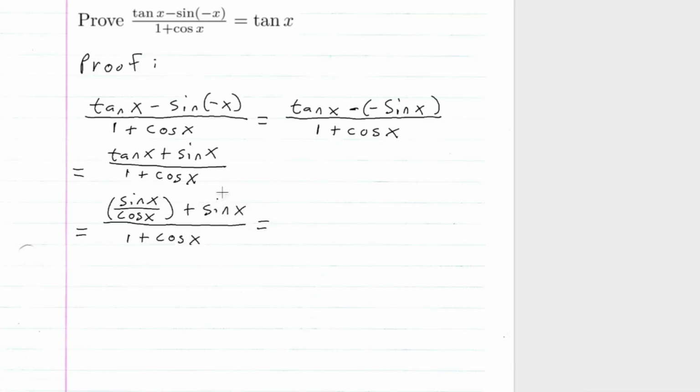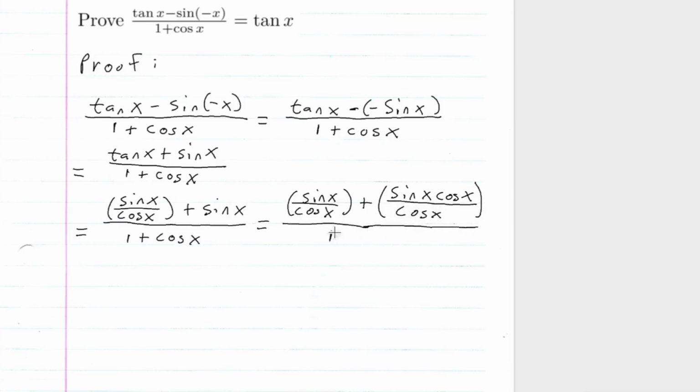So I can rewrite sine x as sine x times cosine x over cosine x. So I can rewrite this as sine x over cosine x plus sine x cosine x over cosine x. And that's all over 1 plus cosine x.